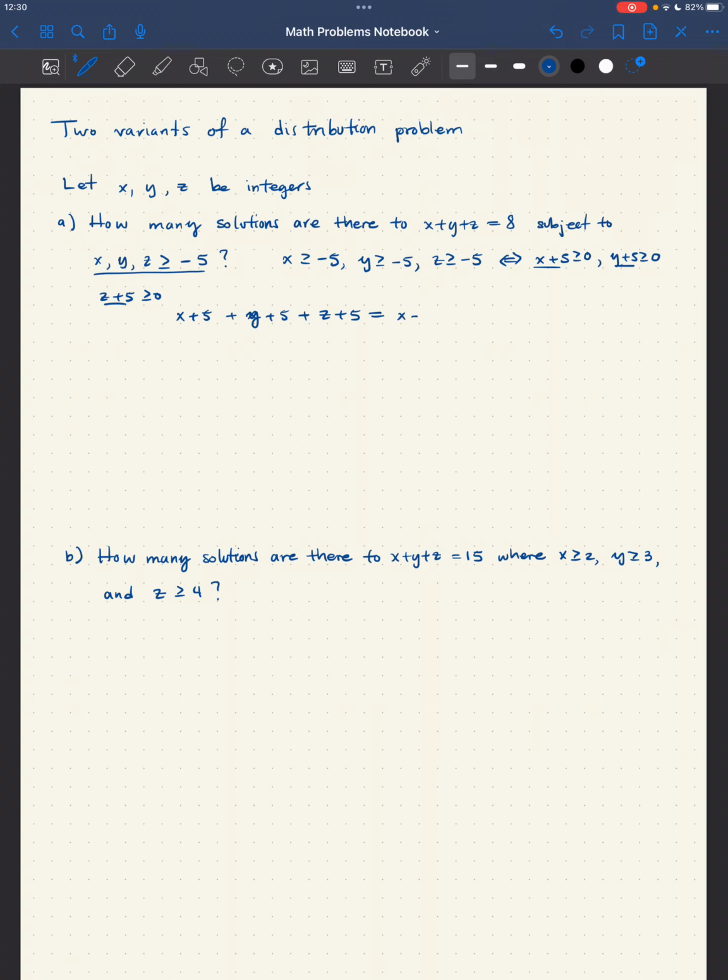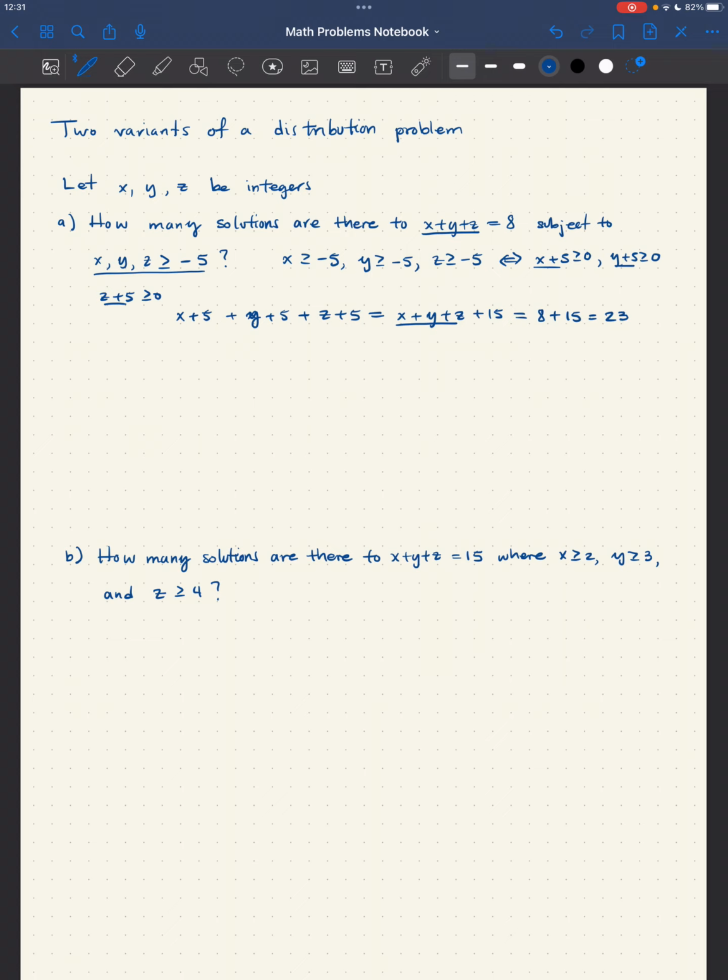I'm going to have x plus y plus z plus 15, but I know that the sum of these three terms should be 8. So this is nothing else but 8 plus 15, which of course results in the following: 23.